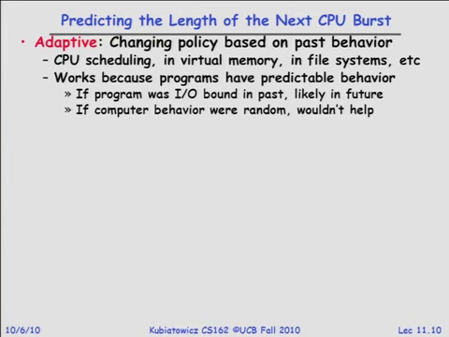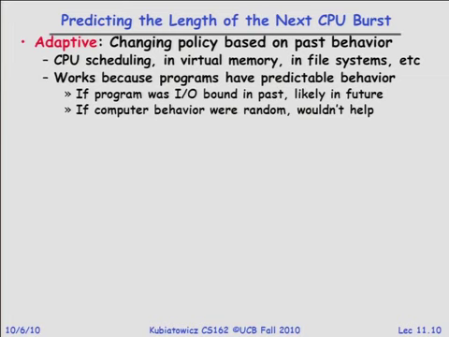however that works. The reason this idea might even sort of work is basically because programs have predictable behavior. So if it was I/O bound in the past, it's likely to be I/O bound in the future. If it has certain cache behavior, it's likely to repeat that. Okay, so to the extent that programs are predictable, then we could actually use a model to maybe predict them.